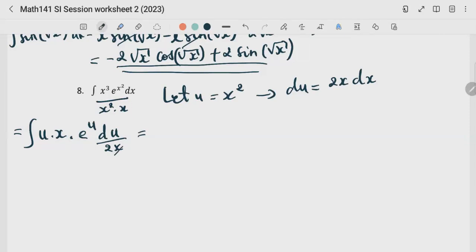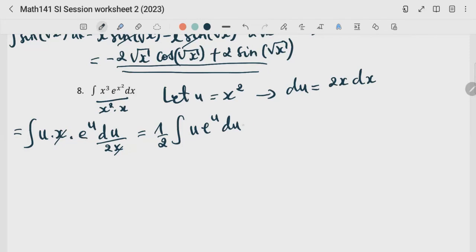So the x here can cancel, right? And 1/2 here can come out of the integration to be 1/2 multiplied into the integration of u times e to the u du, right?